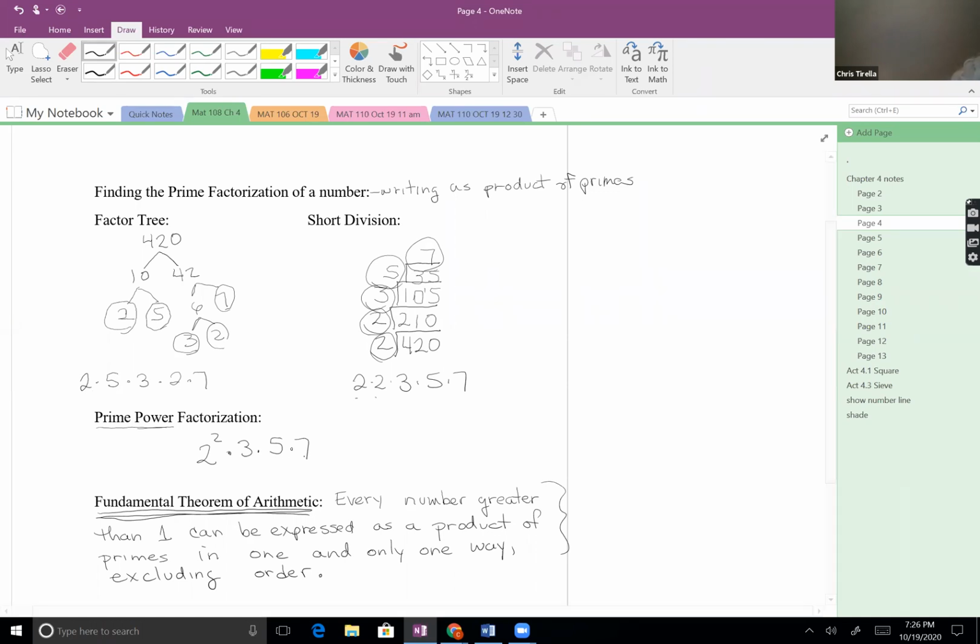And so I'm going to ask, could you folks please, either doing a factor tree or short division, find the prime factorization and the prime power factorization of, let's look at 180.